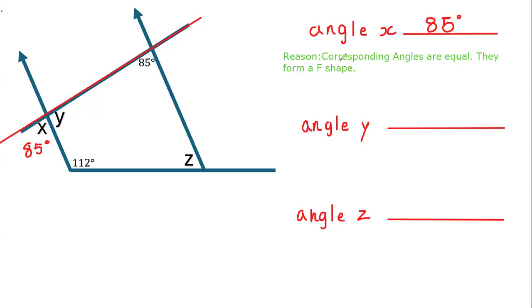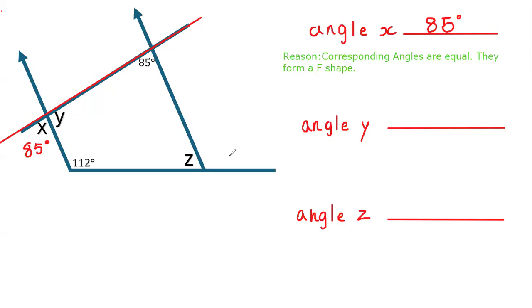All right, next. Let's move on from this. How are we gonna get y? Y is easy. Y is what? 95. How you got that? You subtract 85 from 180. Very good.